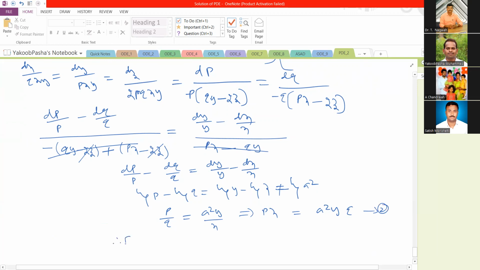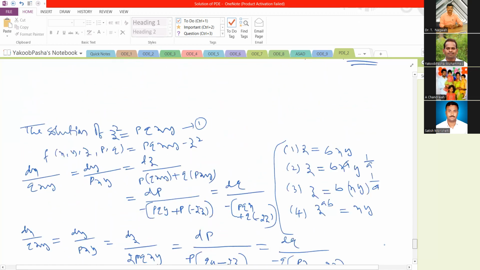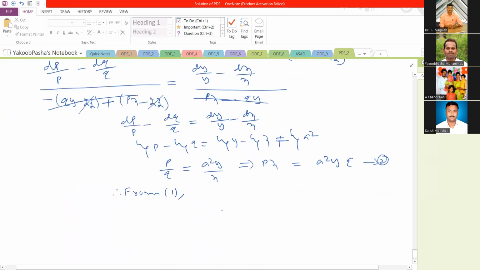Therefore, from equation 1, what is equation 1? Z square equal to PQ XY. So Z square is equal to PQ XY, we are writing the Px value: A square YQ into remaining QY axis. That is nothing but A square Y square Q square. So Z is equal to AYQ.